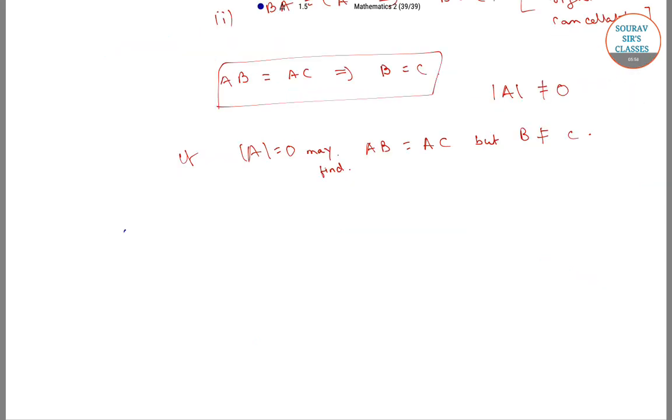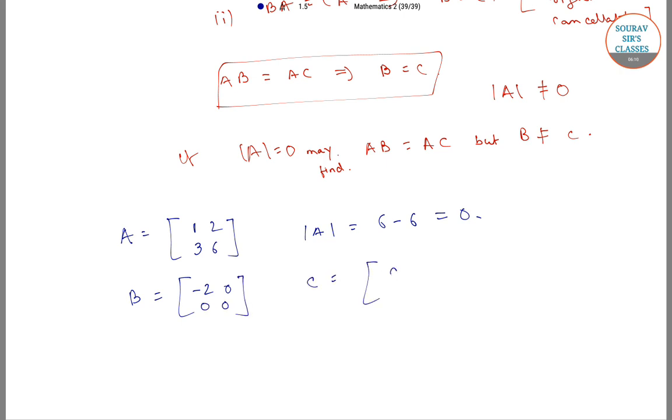For example, if A = [[1, 2],[3, 6]], here |A| = 6 - 6, which is 0. Now let B = [[-2, 0],[0, 0]] and C = [[0, 0],[-1, 0]].